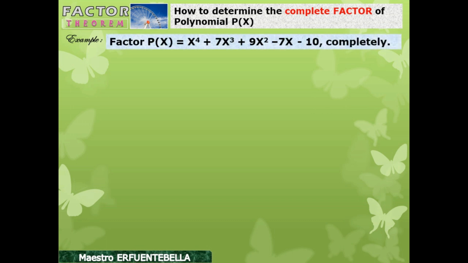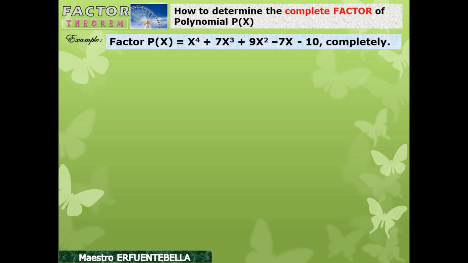So, let's take another example. Given p of x equals x to the 4 plus 7x cubed plus 9x squared minus 7x minus 10. If we multiply the leading coefficient, which is 1, times negative 10, the product is negative 10. What are the possible factors of negative 10?